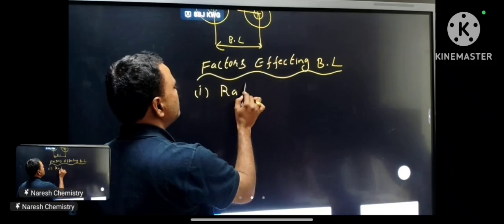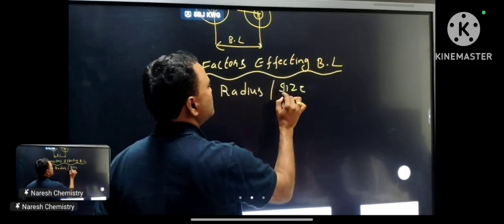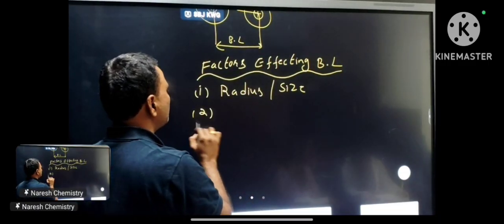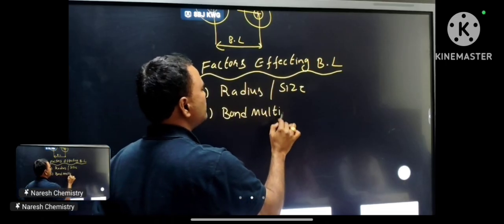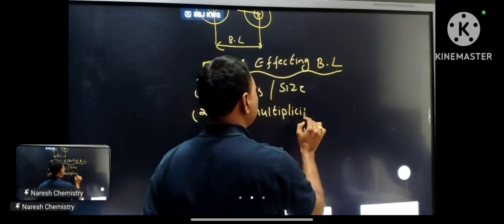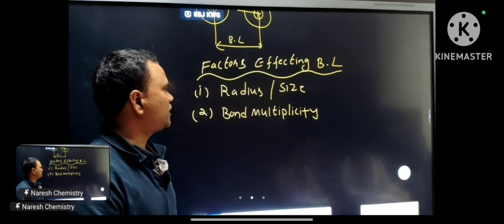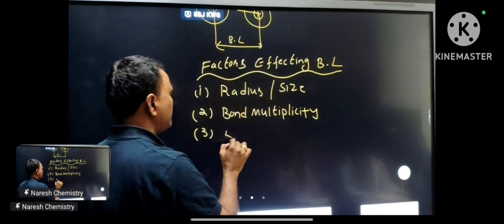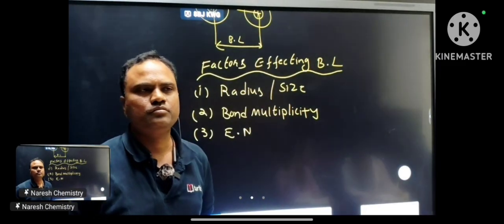First one, radius or size. Second one, bond multiplicity. Online students, are you following? Right. Radius or size. Second, bond multiplicity. Third one, electronegativity.